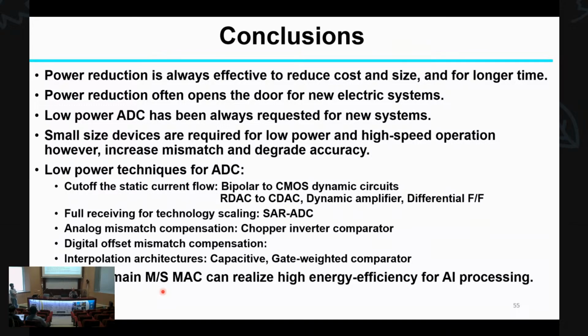Conventionally, analog engineers sometimes ignore the effect of technology scaling. So for the rest of the design, how friendly the architecture is with the technology is very important to reduce power.